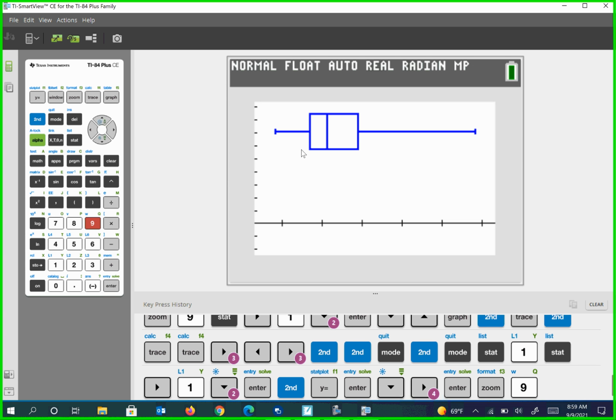It's Q3 minus Q1. So this is a minimum, this is a maximum, not talking about outliers. This is our median, often called Q2. This is Q1, the middle of your bottom data. This is Q3, the middle of your top data.